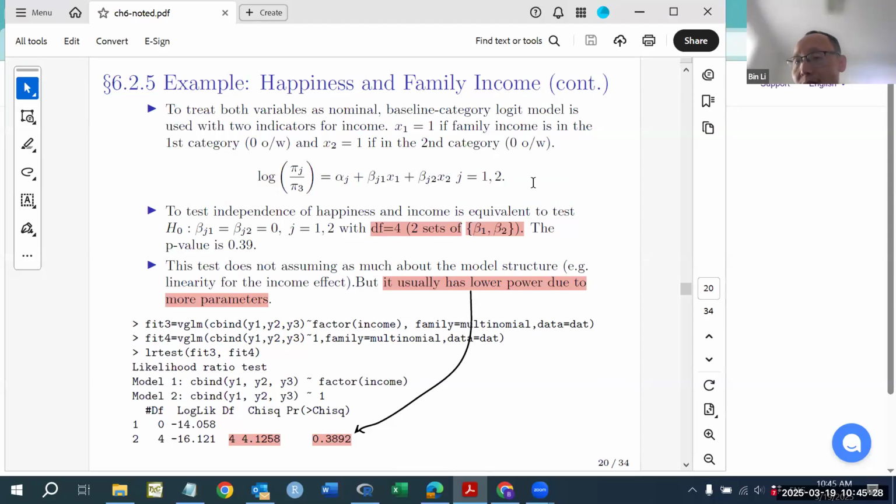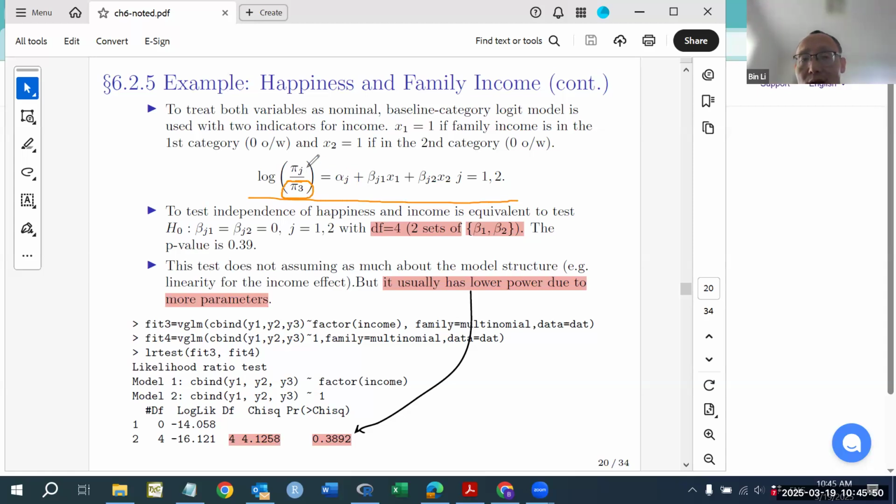You can see how many parameters we need. We have 3 categories for the response: not too happy, pretty happy, and very happy, right? So we have 2 models, and the baseline category is very happy.